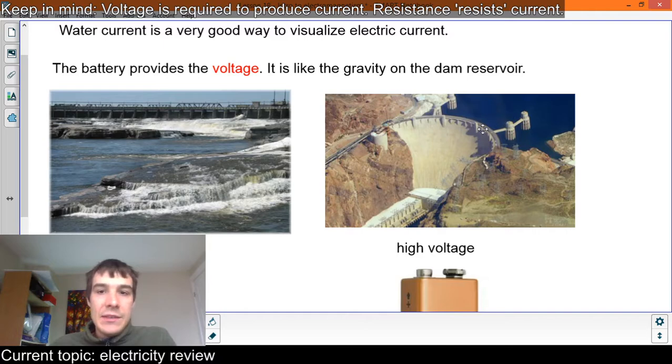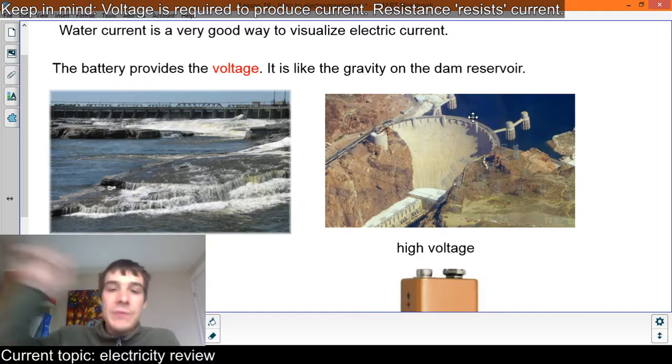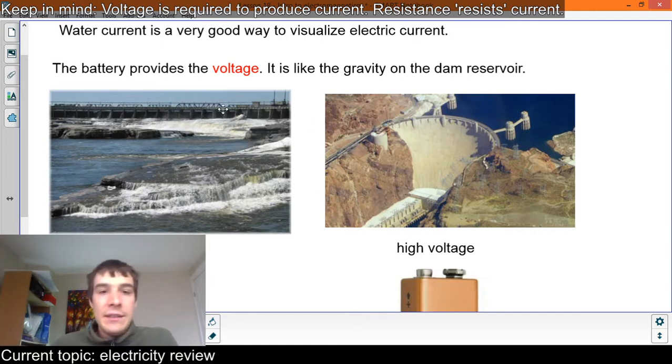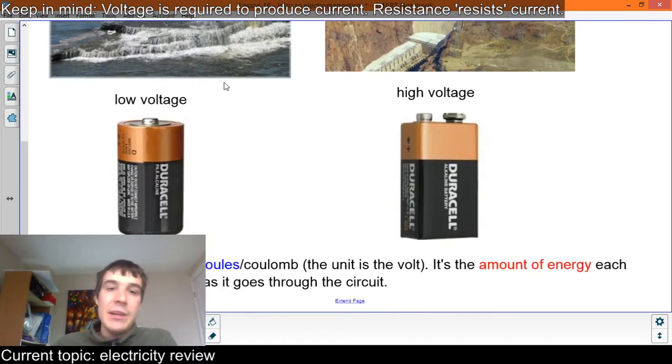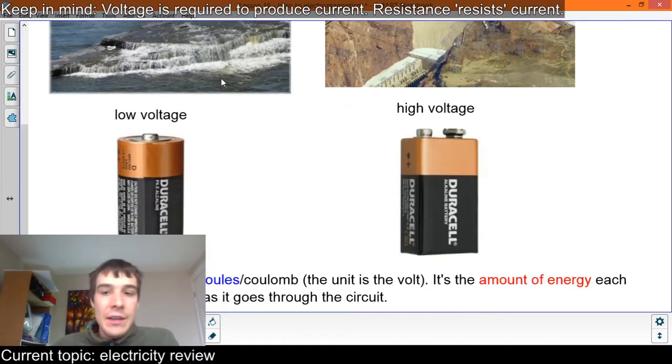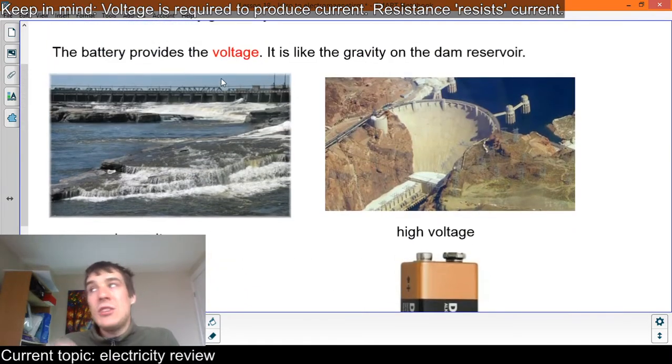And each liter of water here is going to fall further than each liter of water there. So this is a high voltage source. This is a low voltage source in our joules and coulombs thing. It's the amount of energy each pack of electrons has. It says nothing about how fast that energy is being transferred. You can have high power with low voltage. You can have low power with high voltage. That depends on how many gates you have open on your dam, right?